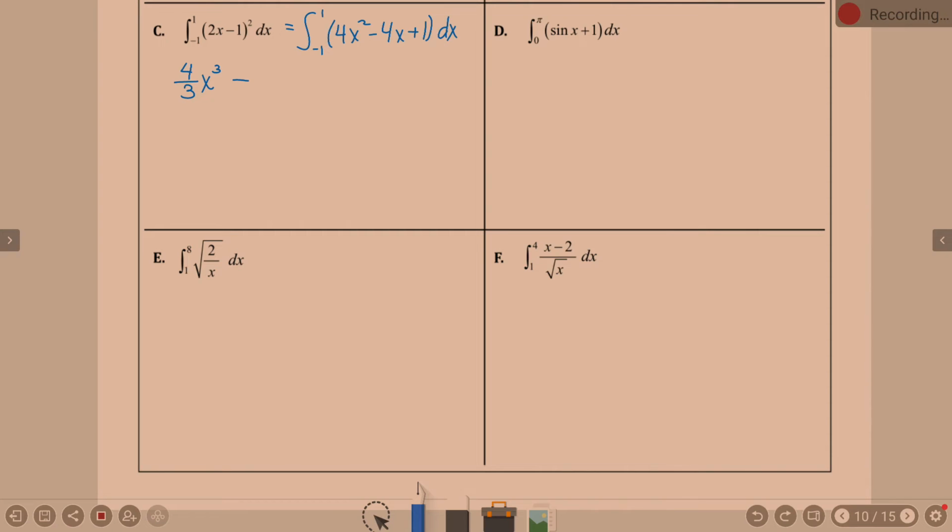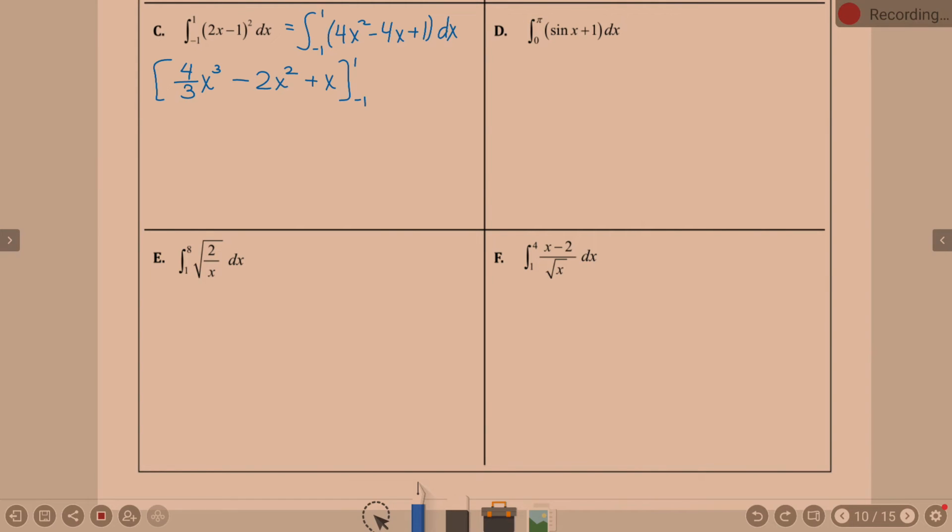Minus the integral of 4x: add 1 to the power, divide by the new power. Plus the integral of 1. All evaluated from -1 to 1. So 4/3 x cubed minus 2x squared plus x. Do we at least have these basics down? This is going to be old news.